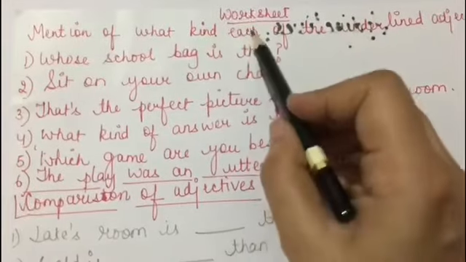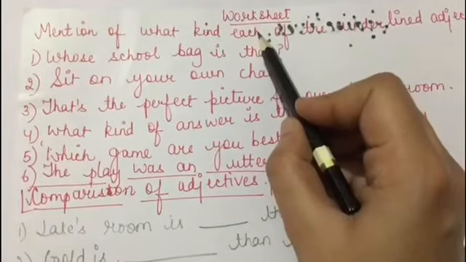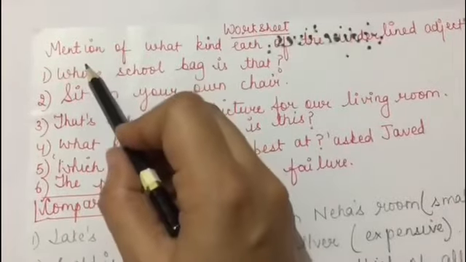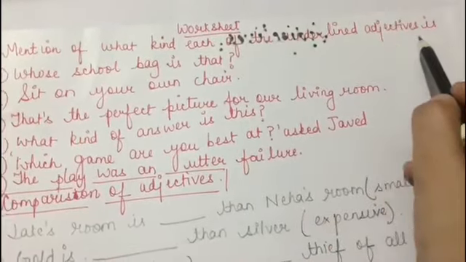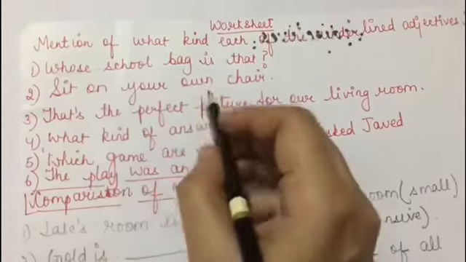Now there is a worksheet that you all have to solve. The first question is to mention of what kind each of the underlined adjectives is. For you, I'm underlining the adjectives.